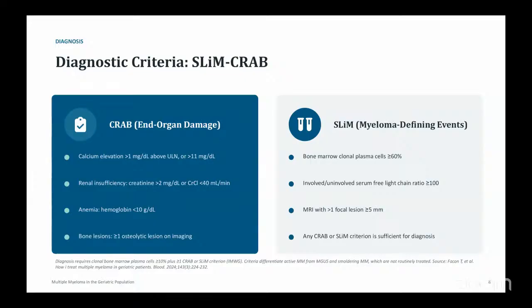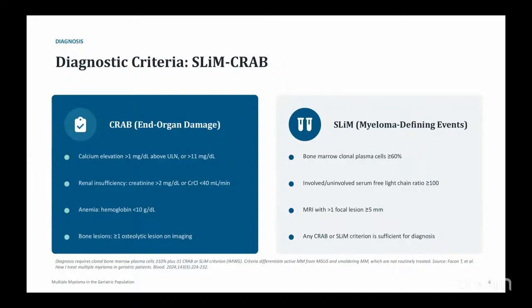usually show us that there is actually end organ damage. However, there is another marker, the SLIM criteria, which presents myeloma-defining events before the progression to end organ damage.